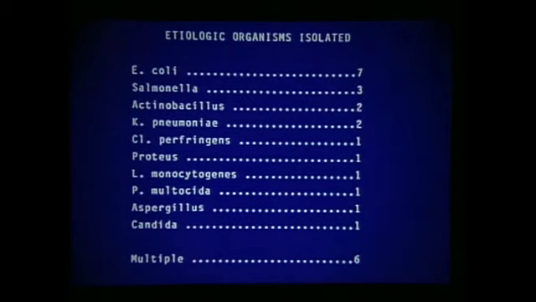The organisms isolated from not just the joints, but other organs involved, such as the intestinal tract and the lung, are depicted in this table.